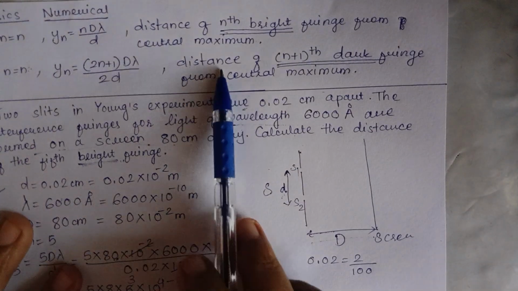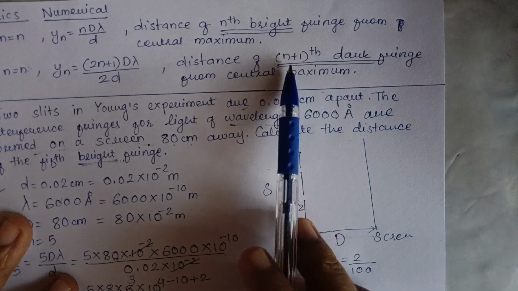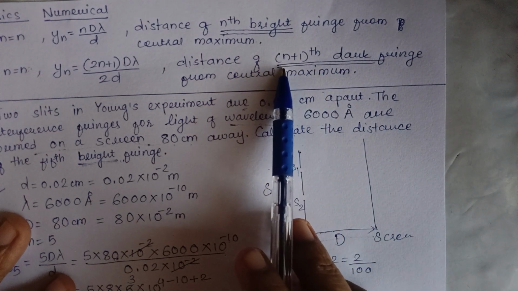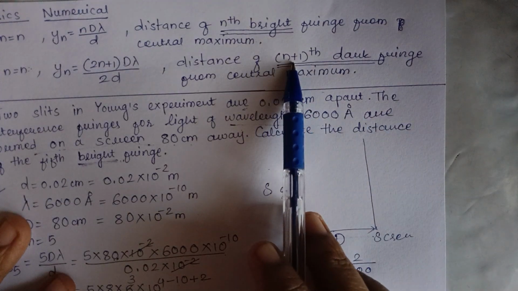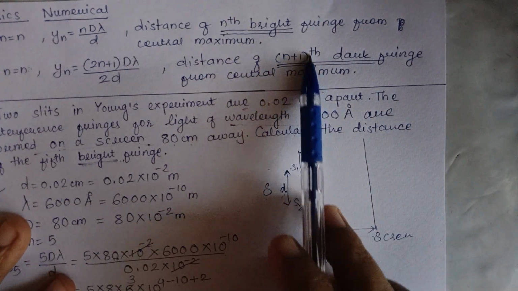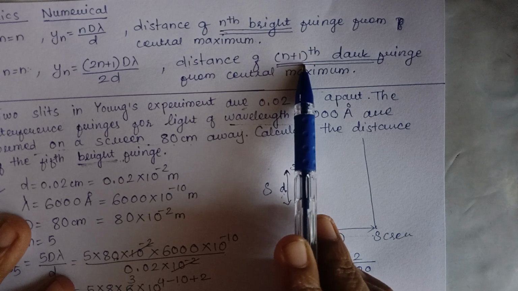Because this is for the distance of (n plus 1)th dark fringe. So we are given n plus 1, that is 3, right? For this problem, 3 is our n plus 1.